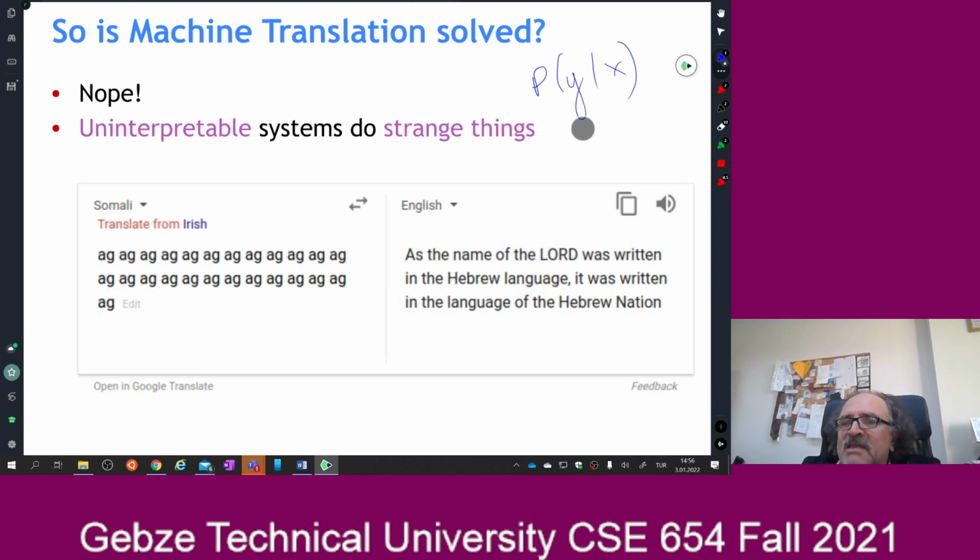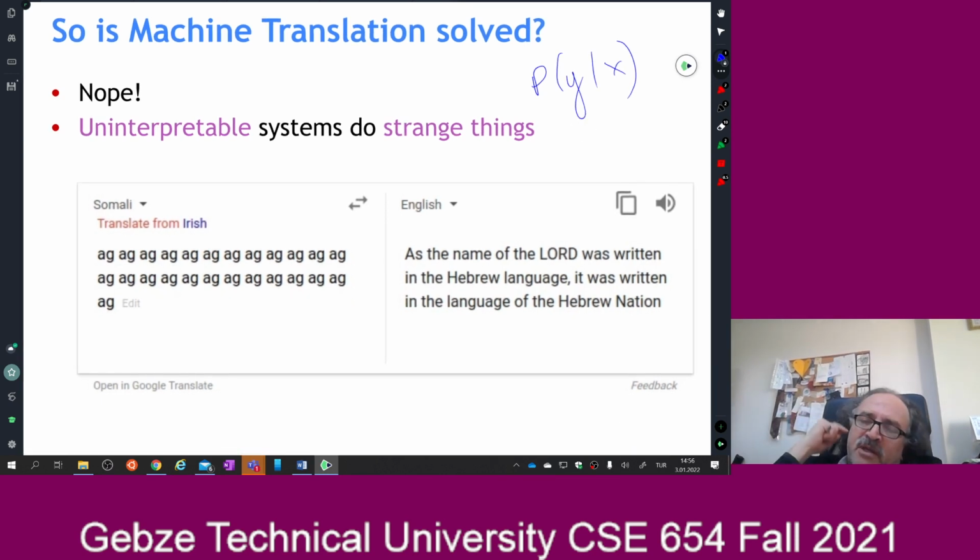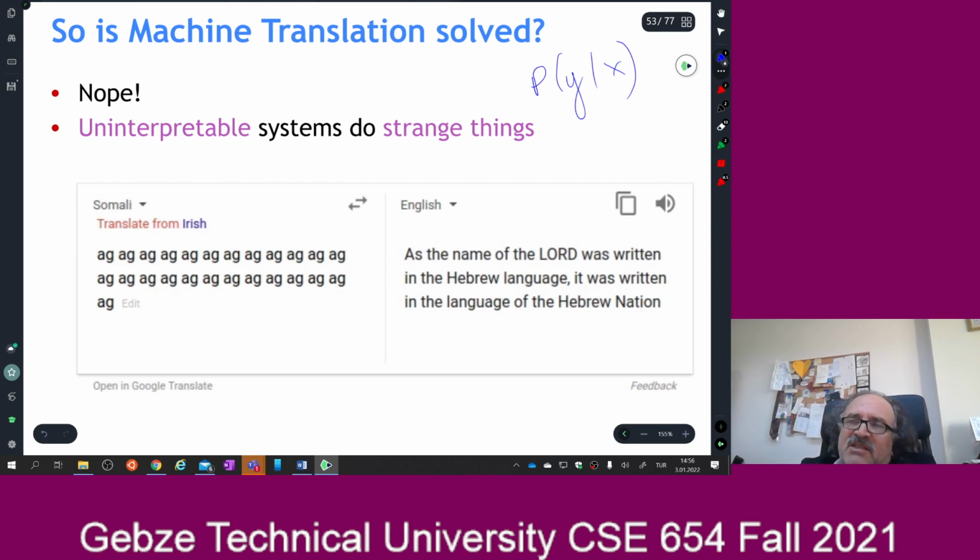So this Y has to obey the rules of the language model. It doesn't check if this sentence obeys the rules of the input language. So it takes this kind of stuff.